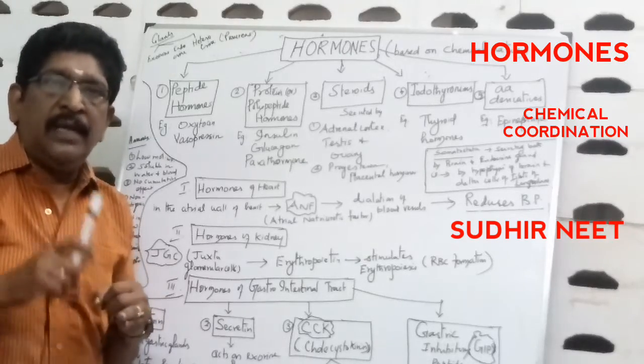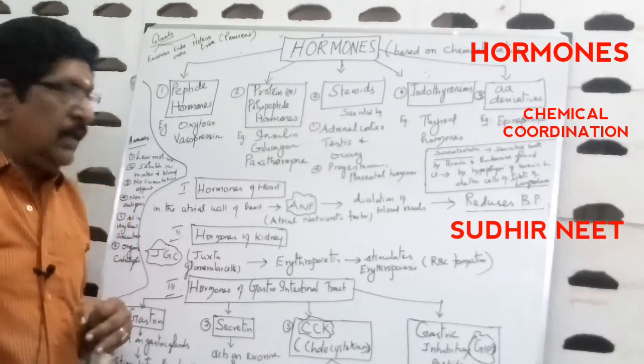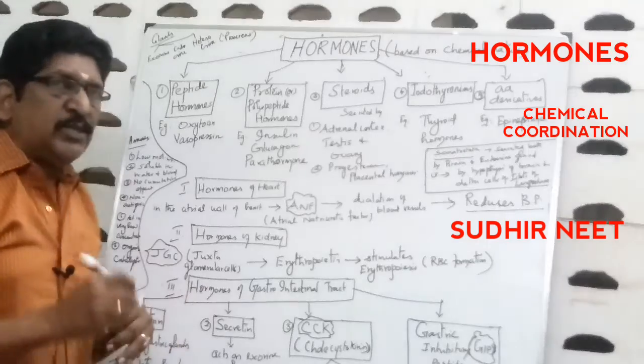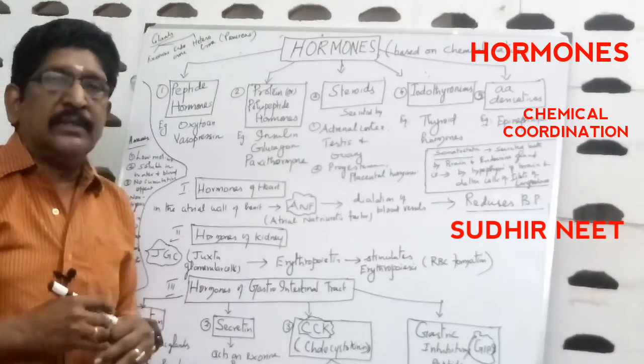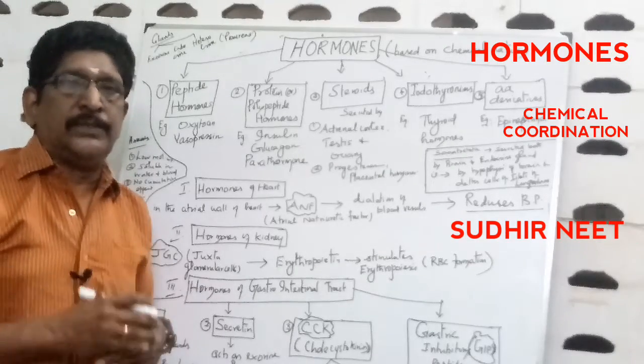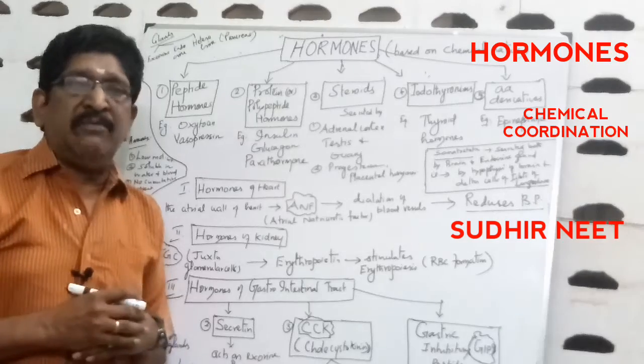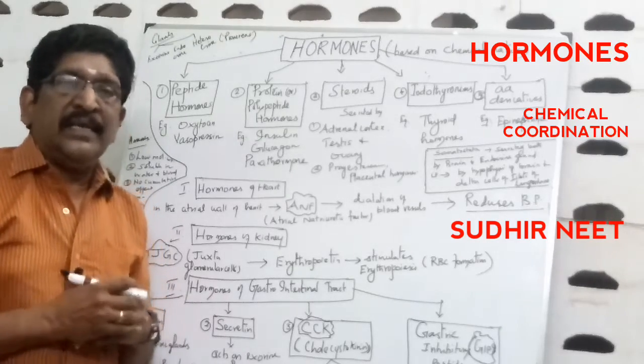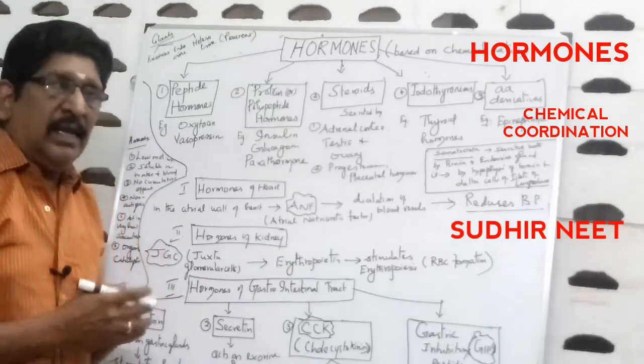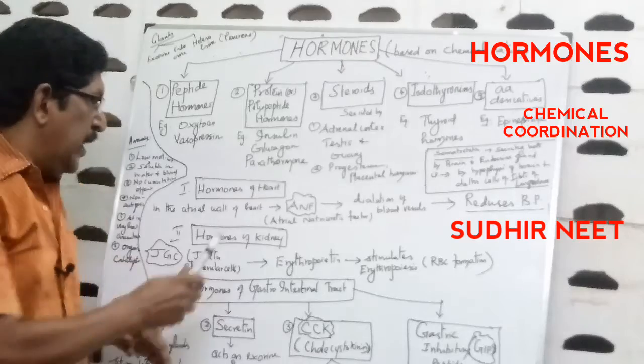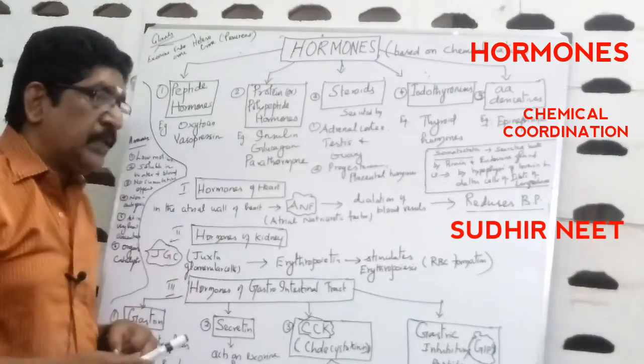Number three, they have no cumulative effect. On the spot they take action. They don't have a cumulative effect as DDT etc. The hormones do not have any cumulative effect.